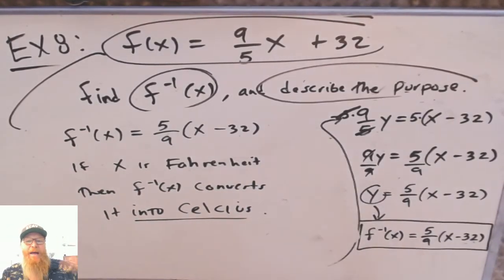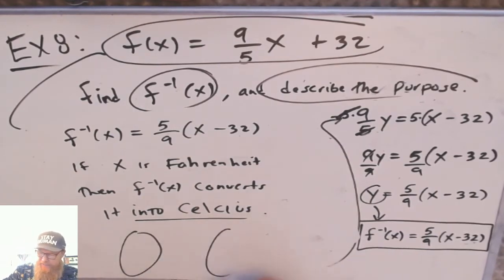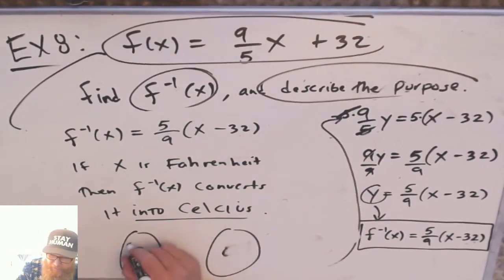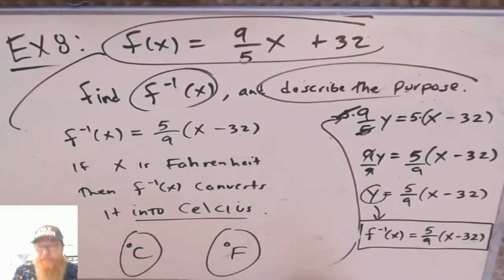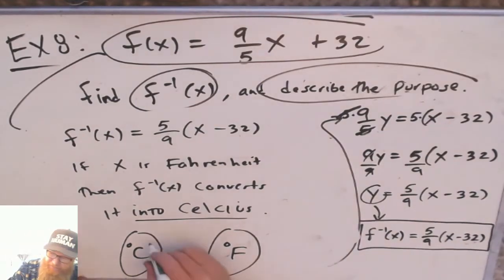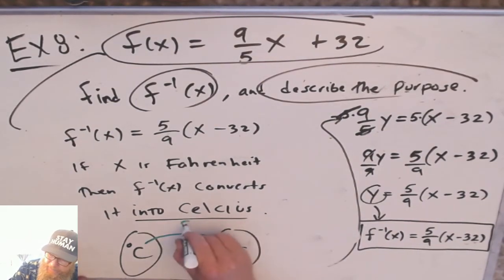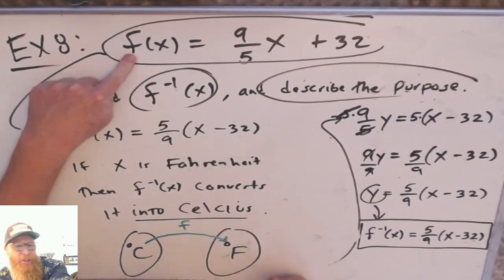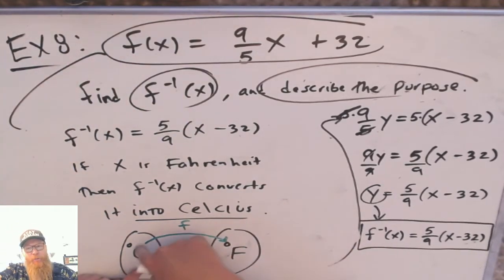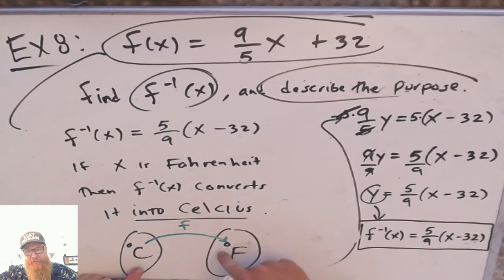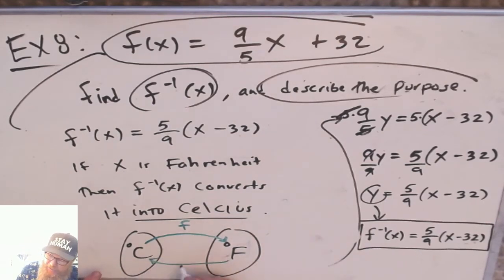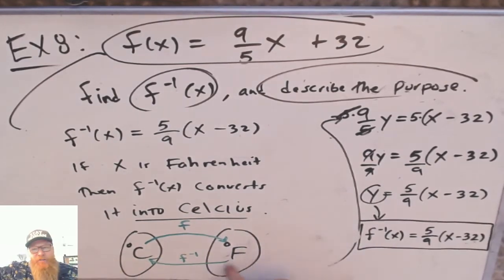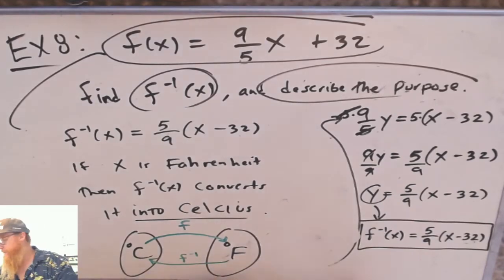Abstractly, you can think of it like this. Here's C, here's F, here's degrees, degrees, and then you have the mother function, f. Notice it's not the same F. Capital F means Fahrenheit. Lowercase f is the function. So the original function converts from Celsius to Fahrenheit. The inverse function converts from Fahrenheit back to Celsius.